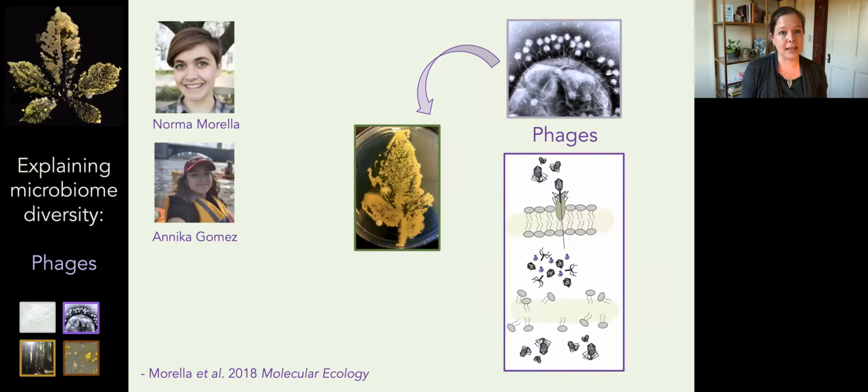And this is work that was led again by Norma Morella, who I've already introduced, and a wonderful Amgen scholar at the time, Annika Gomez. They asked the question of the role that phages play in maintaining diversity in the microbiome as a whole.